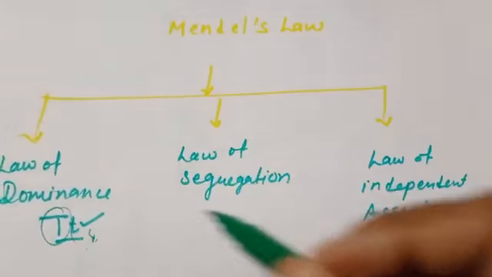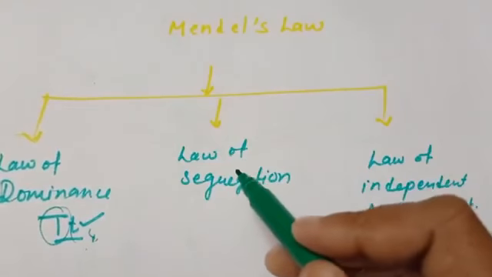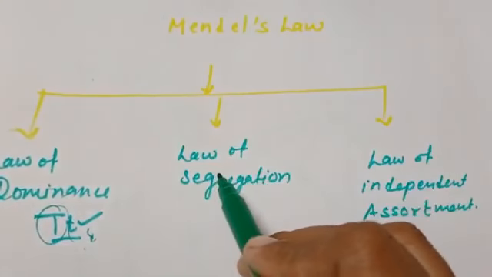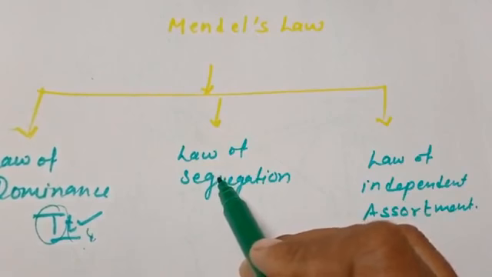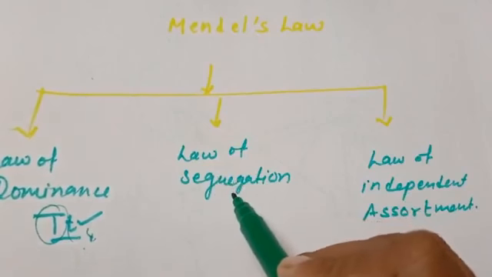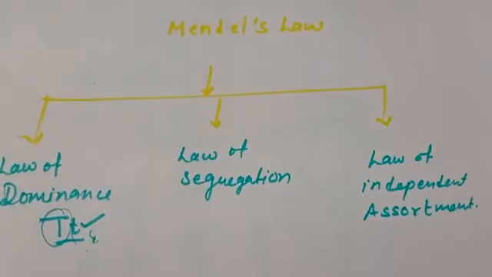So that is why it is called the recessive gene, and the other one is called the dominant one. Then we have the law of segregation. This law says that genes stay together and segregate at the time of gamete formation. That means the genes remain together, but when the gametes are formed, they separate or segregate from each other.